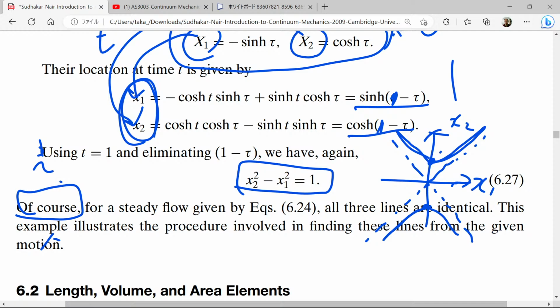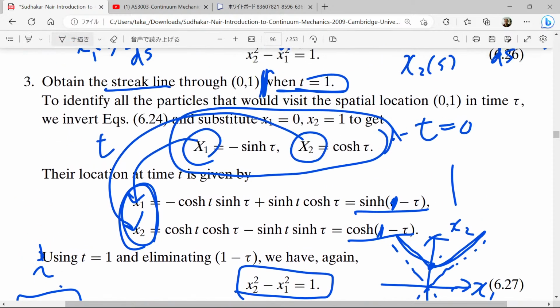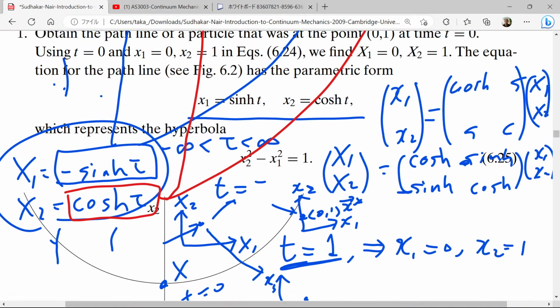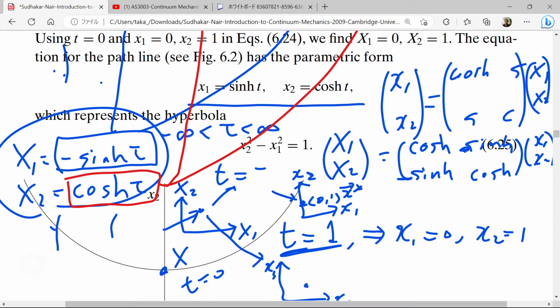I would say this is a coincidence, just a coincidence. I'm not sure why he says hyperbola.